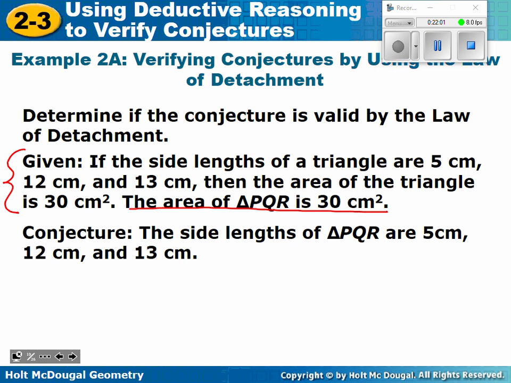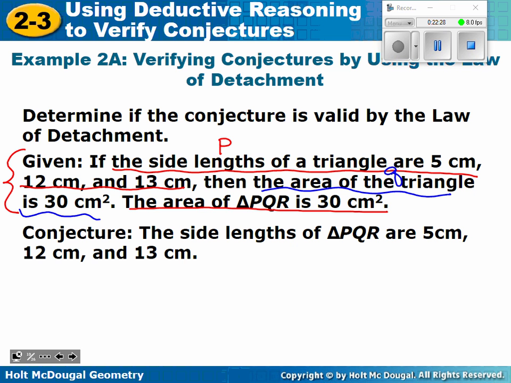Okay, to help you a little bit, let's label our P's and our Q's. So what's the P part of this statement? Okay, the hypothesis, so all of this, the side lengths are 5, 12, and 13, that's P. What's Q? The area of the triangle, that's Q. Okay, so that is a true statement. Then they give you the area of the triangle is 30 centimeters squared.